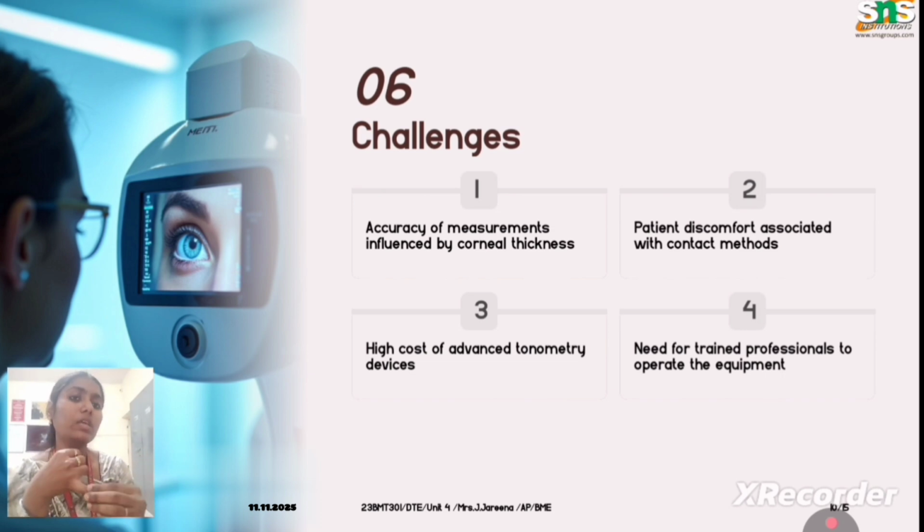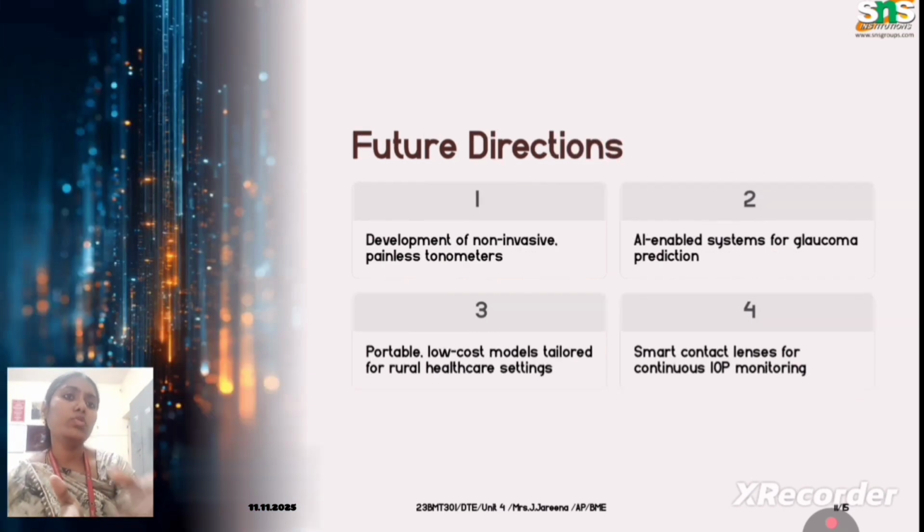Second, the patient may not feel comfortable with some types, like the contact methods, where we have to make direct contact with the cornea. Third, some advanced methods are not affordable, and trained professionals are needed to operate this equipment. Normal people will not use these tonometers; only trained professionals are needed to use them.